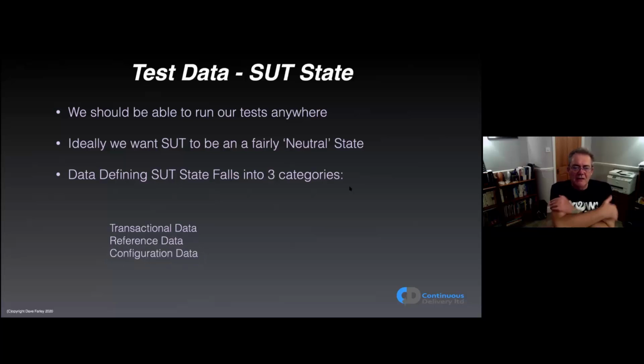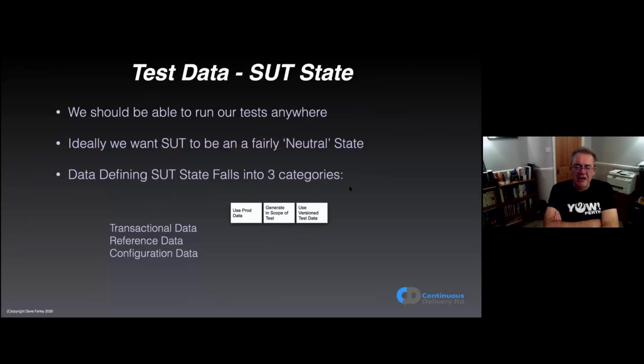And the last one is configuration data. That is data that does something to define or parameterize the behavior of our system in some way. And then we could think of three different strategies. We could choose to use production data.